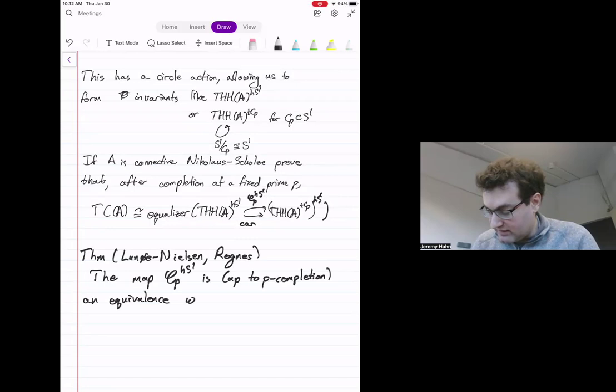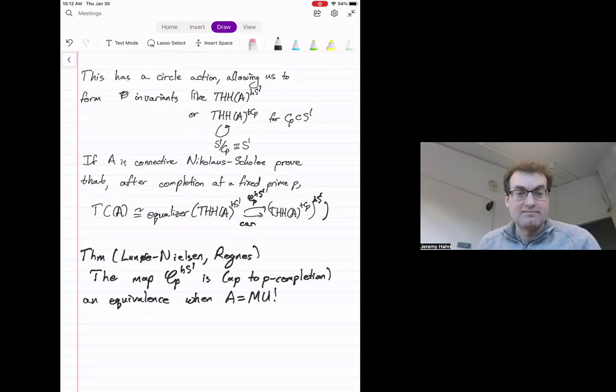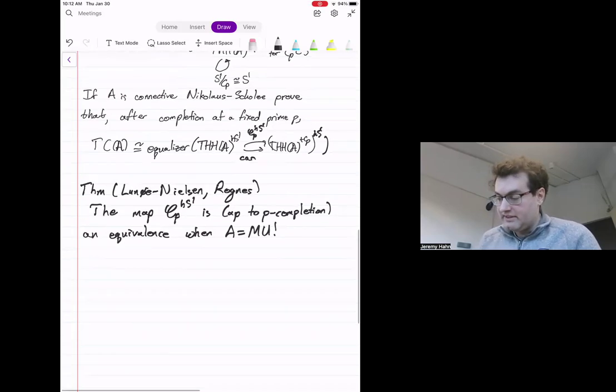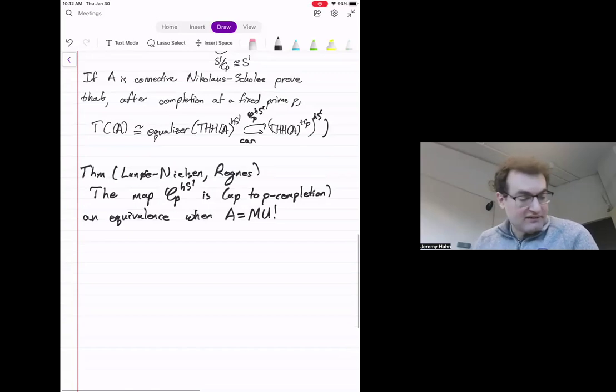And this is when A is MU, very specific to MU, this case of interest. So we're trying to compute an equalizer of two maps between isomorphic rings where one of the maps is the isomorphism.